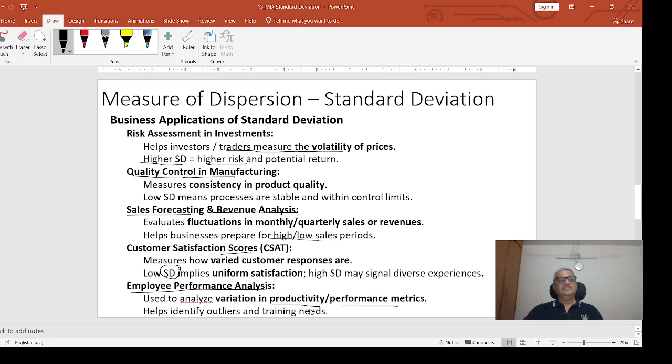And if there are outliers on the lower side, you are required to train the individual. And if there are outliers on the higher side, it's good for the organization. The individual is capable and probably is ready to take more responsibilities. Okay, so these can be different business applications in which you can use standard deviation.